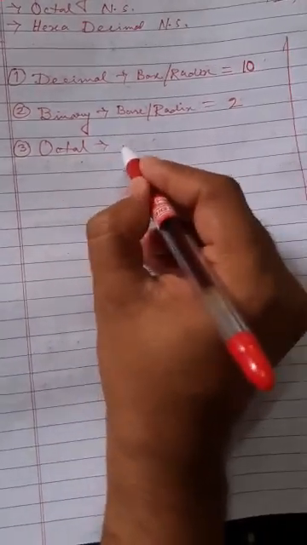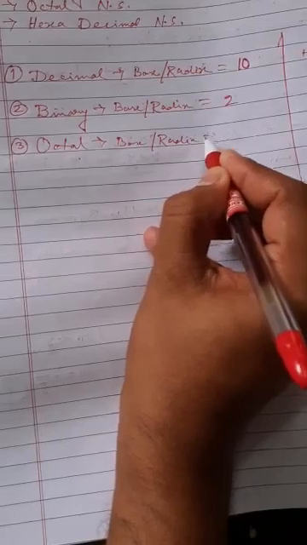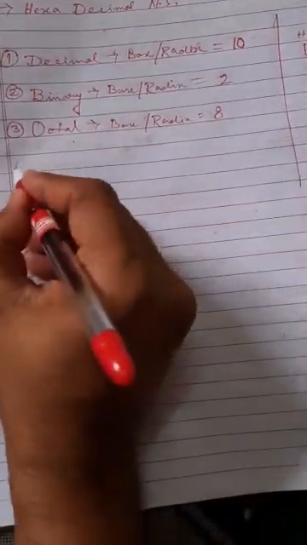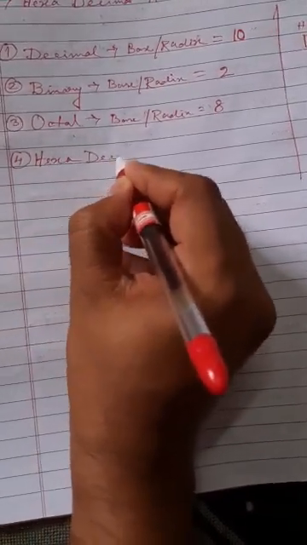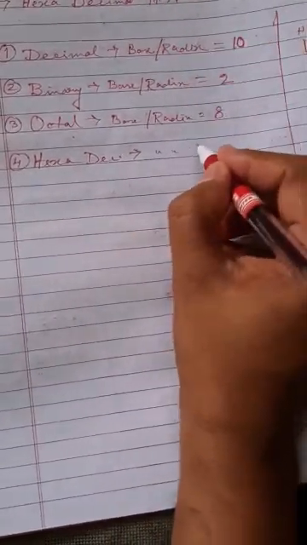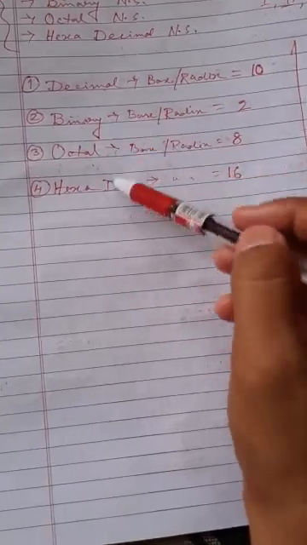What is the base value or the radix value? 8. And last, number 4, hexadecimal. The hexadecimal base value or radix value is 16. So with these values we can identify the exact type of number system.